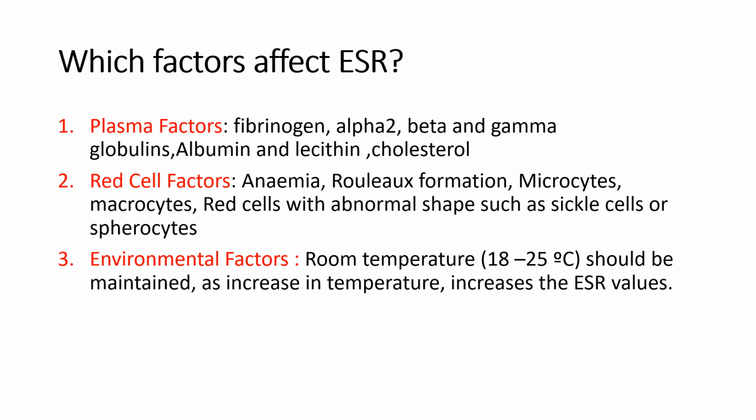Red cell factors include anemia, rouleau formation, microcytes, macrocytes, red cells with abnormal shape such as sickle cells or spherocytes. Environmental factors include room temperature. Ideally, room temperature 18 to 25 degrees centigrade should be maintained, as increase in temperature increases the ESR values.